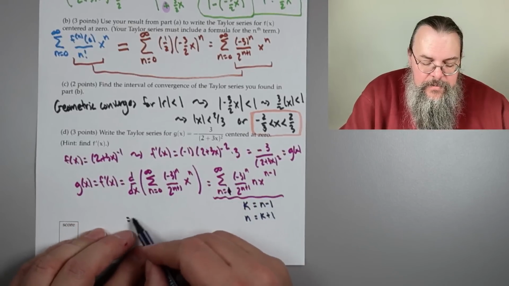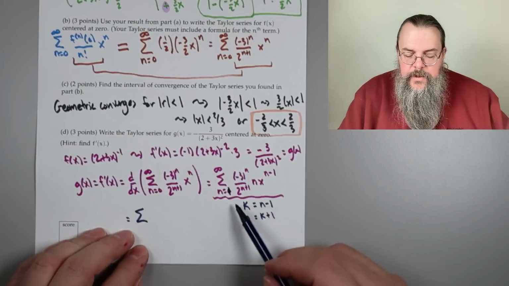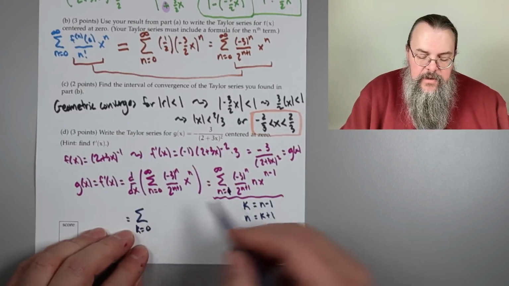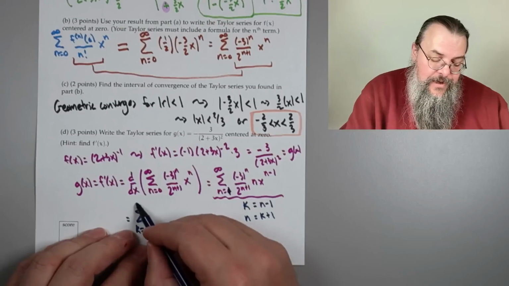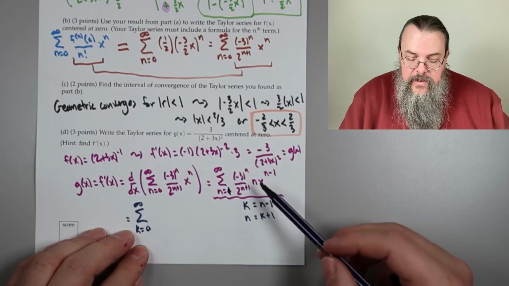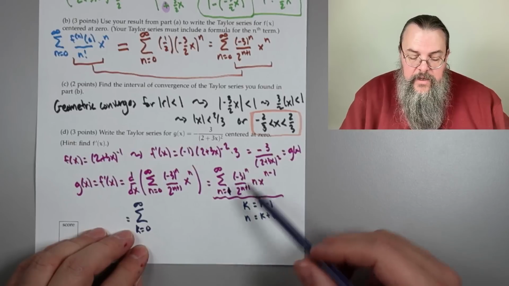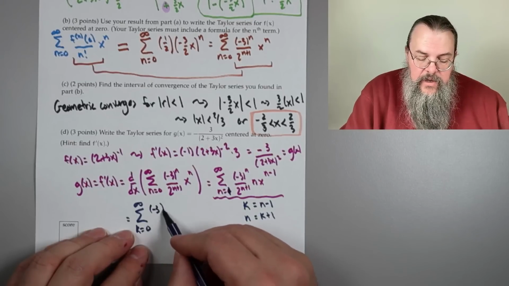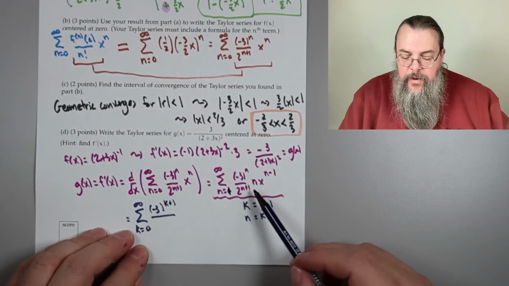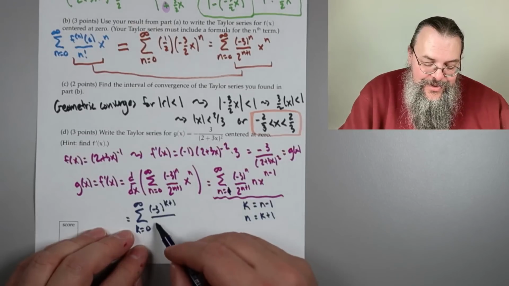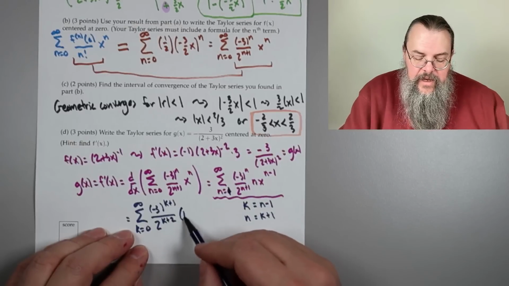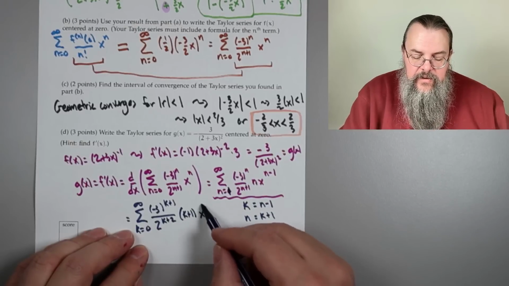So this would become the sum, and when you plug in n equals 1, k equals 0, going to infinity. Now n is k plus 1, so we have (minus 3) to the k plus 1. Then downstairs, n plus 1 would be k plus 2, so 2 to the k plus 2, and x to the k, since n minus 1 is k.